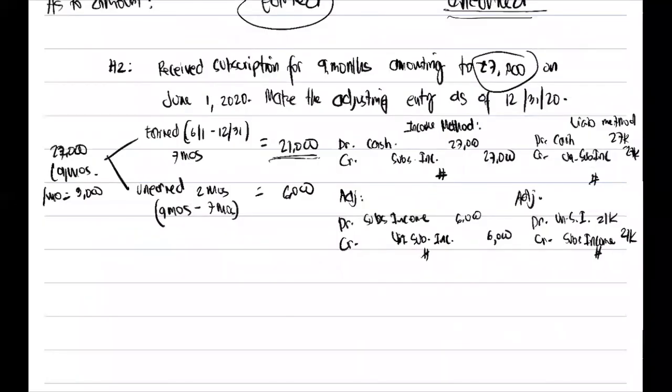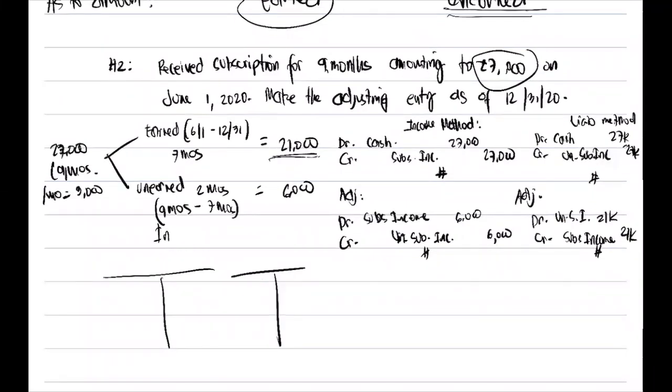Okay, so let's check the T accounts. So this is under income method. And this is your liability method, T accounts. So we have here your subscription income, and then we also have your unearned subscription income.